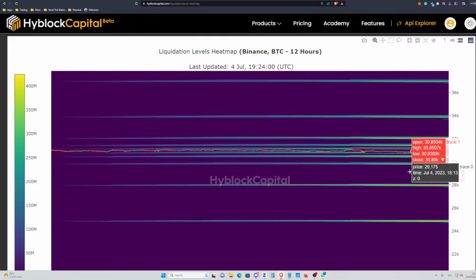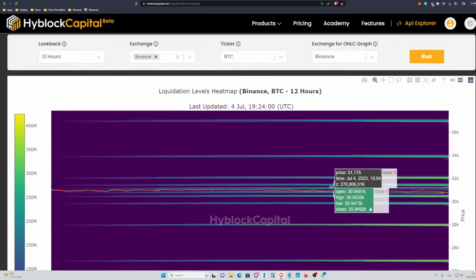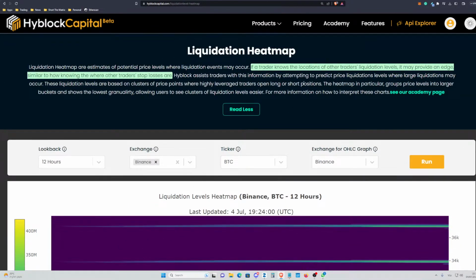Meaning legally, if you lose money on a trade when hit with your liquidation point, they are allowed to take and extract your money from your wallet. Same goes for a stop loss. When your stop loss is hit, you lose money. The P&L becomes a realized P&L. So that's basically what liquidation levels are all about.